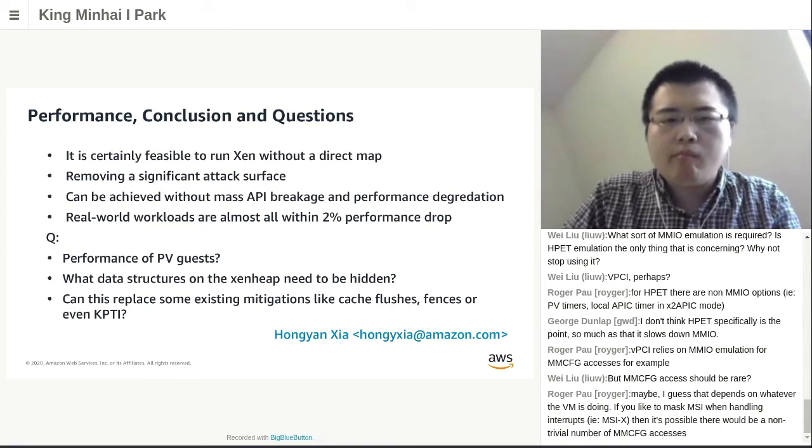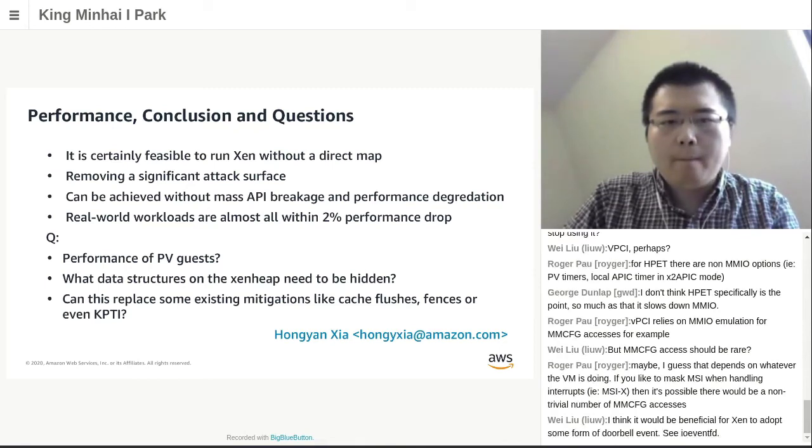The other aspect of PV guests is that the do_mmu_update hypercall actually runs with recursive page tables, and that will not be affected by any of the changes here. So I don't expect you to see a massive difference for a PV guest because of these changes.